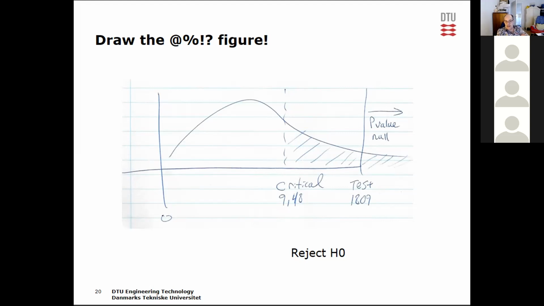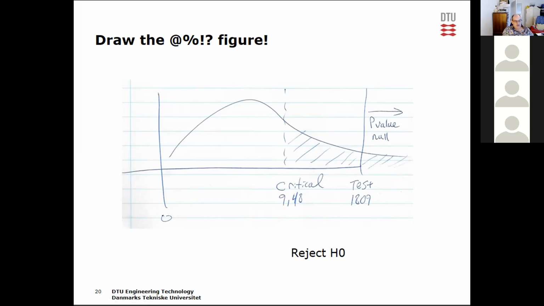But it's the same idea here. The area on the left is the null hypothesis, where we're saying there's no difference between the model and the null. The shaded area over here is the alternative hypothesis, where we're saying there is a difference between these two.